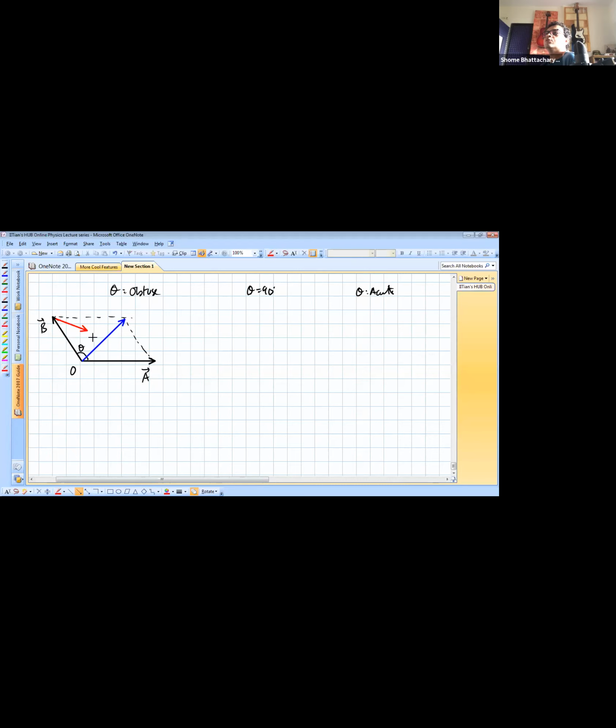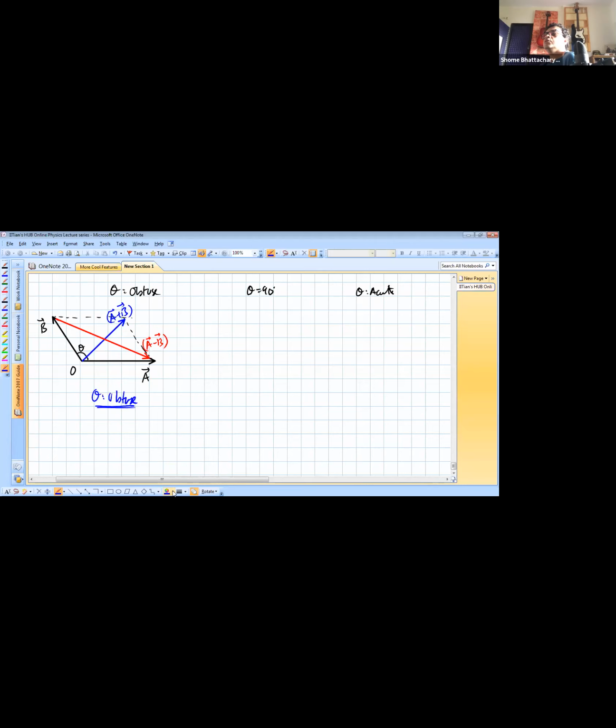So whenever theta is obtuse, what is happening? This shows you that theta is obtuse.